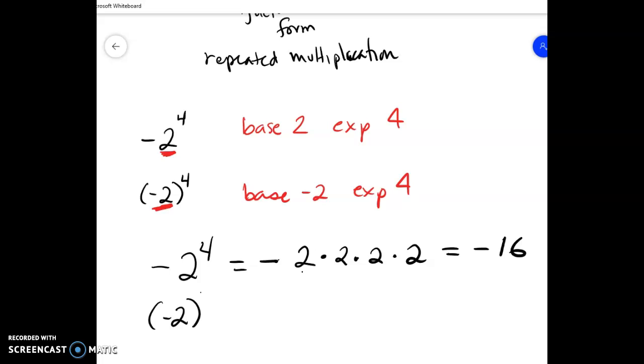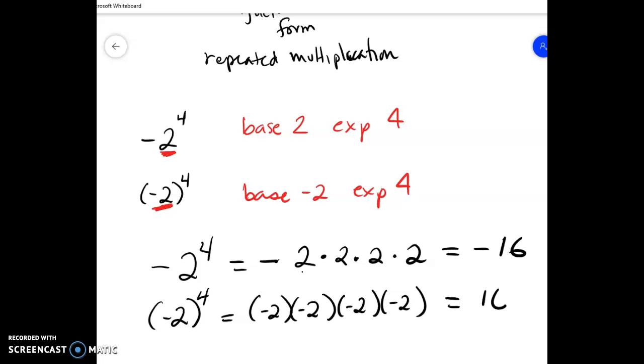But if I have negative 2 to the fourth, that means to take negative 2 and multiply it by itself 4 times. So now I get negative 2 times negative 2, that's a positive 4, times negative 2 is a negative 8, times another negative 2, that changes it back to positive 16. So putting the parentheses in or not makes a big difference here.